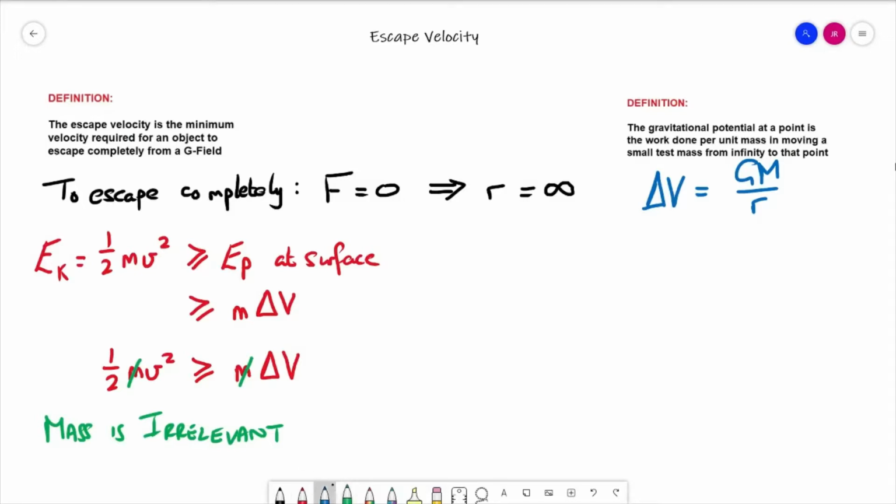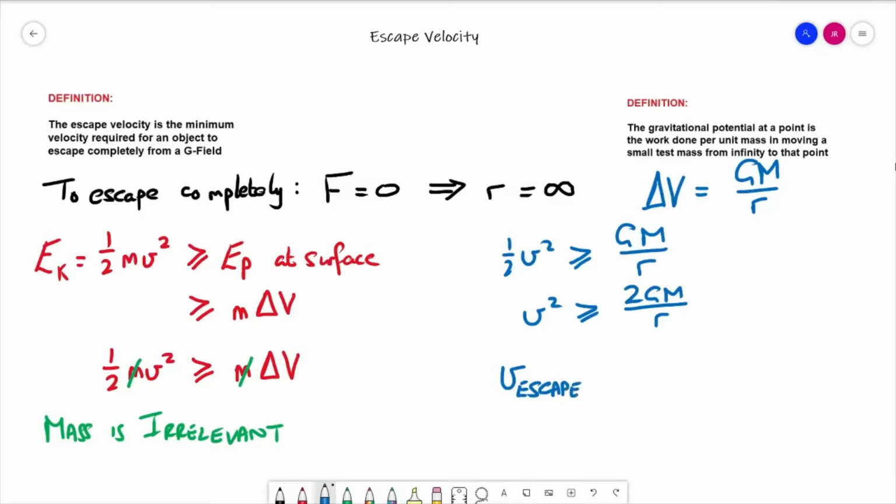Let's now finish off this derivation. So half v squared must be greater than or equal to GM over r. Multiply both sides by 2, v squared must be greater than or equal to 2GM over r, and therefore the escape velocity must be greater than or equal to the square root of 2GM over r.